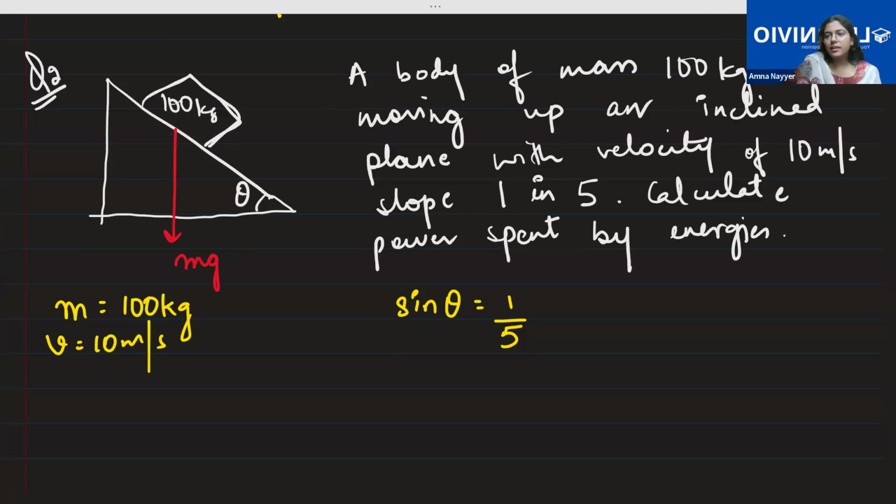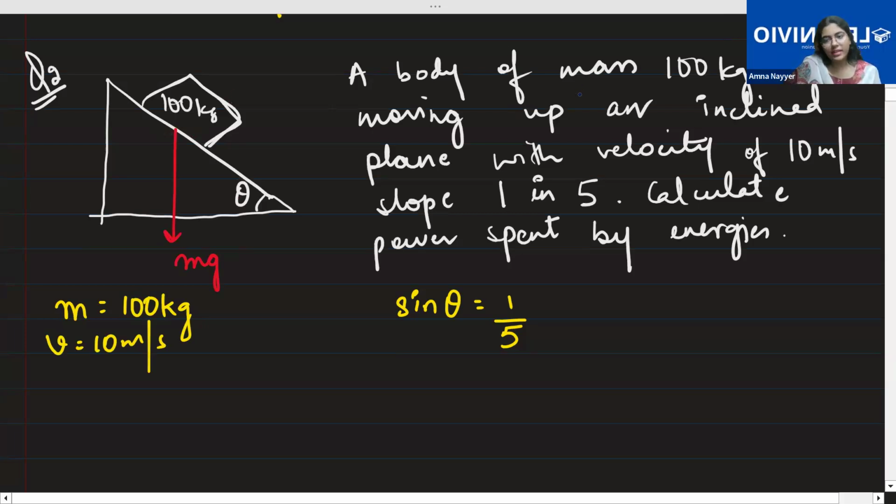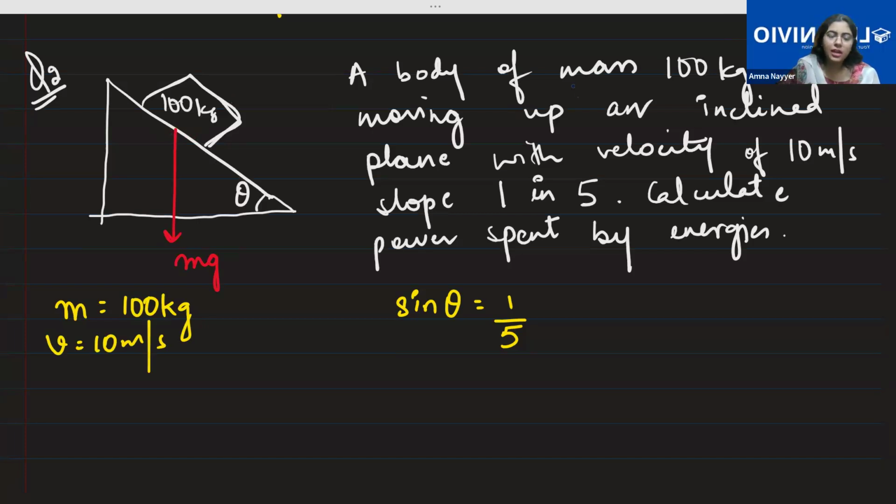As I discussed earlier, you have to resolve the vectors. We discussed it in detail in laws of motion for inclined plane problems, and the same thing is valid here as well. This will be mg cos theta, whereas the other component along the plane will be mg sin theta.